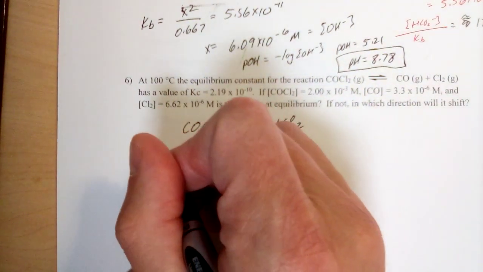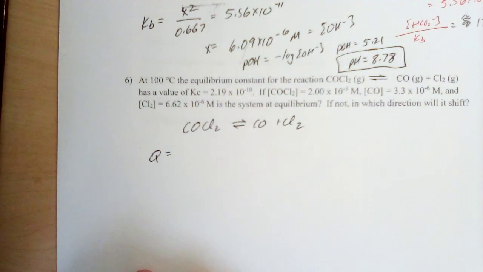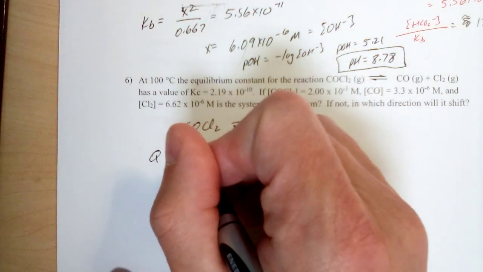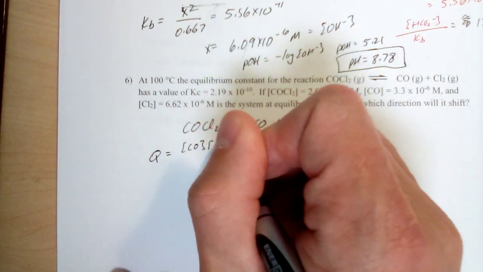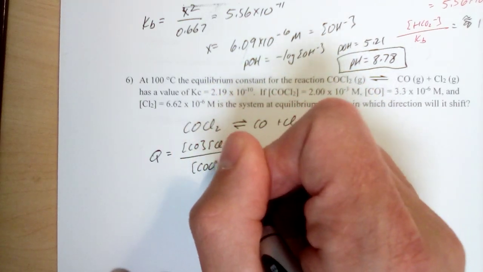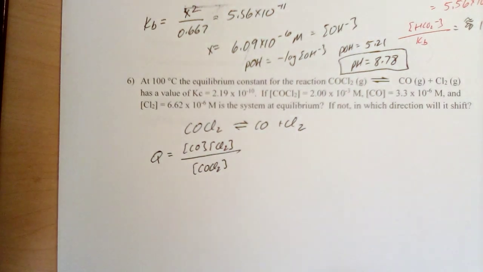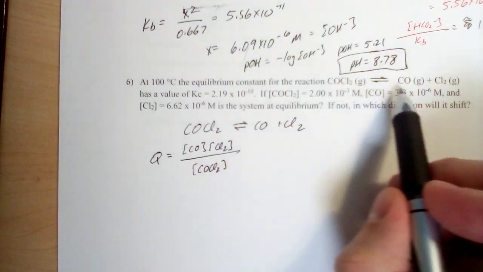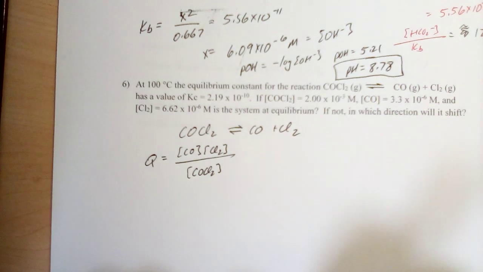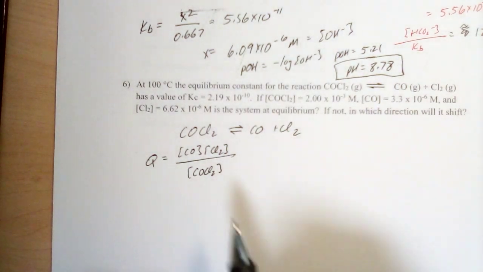That means that Q, since we already know this set of components may not be at equilibrium, let's just write it as a Q. Products, carbon monoxide times chlorine, over reactants, which is the combination of those two pieces together in one molecule. Right? And that's it. There are no exponents there. There are no non-1 stoichiometries in the equation. Remember, those would show up in an equilibrium constant if they were present.